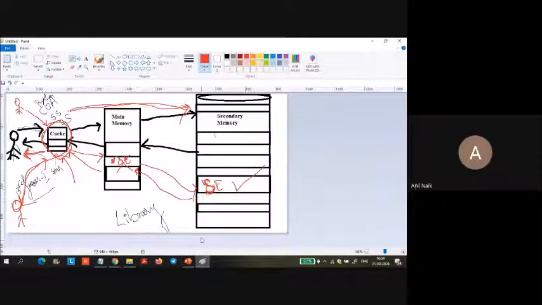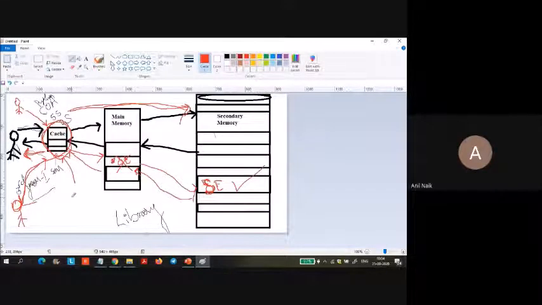So I hope you understood this concept, because the main advantage of the cache memory is that the response time is faster, but the size of the memory is very small. This is called a hierarchy.